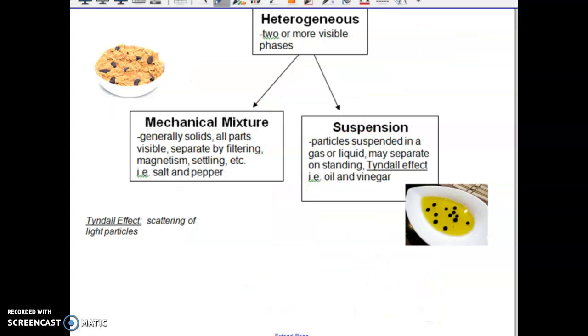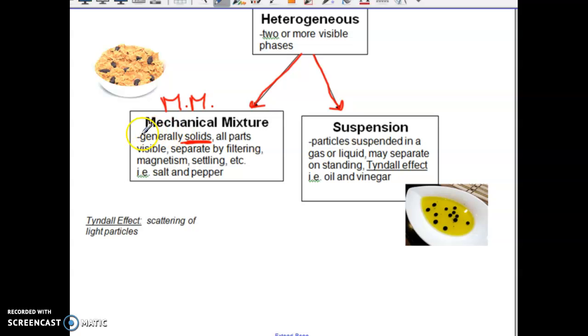Okay, so heterogeneous has further separations, I should say, and that typically has to do with the type of mixture that you can see the change in. A mechanical mixture, I usually use MM for short, is usually where you have at least one component of that mixture being a solid.